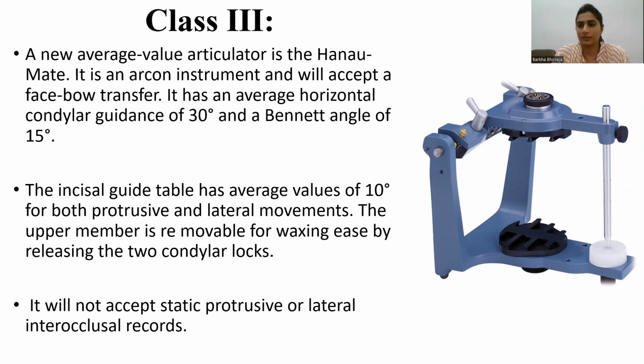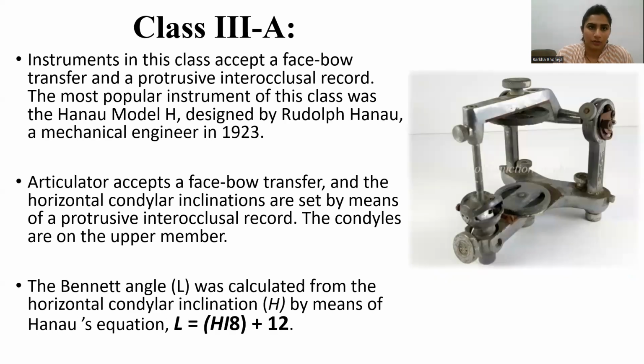There are two types of articulator: either they have an open condylar path, where you can remove the upper member, or a closed condylar path, where the condylar path in the articulator is closed and you cannot remove the upper member. This Hanau Mate that we are talking about has an open condylar path, so the upper member can be removed, and it will accept static protrusive and lateral horizontal records.